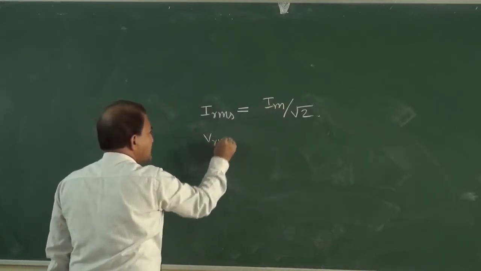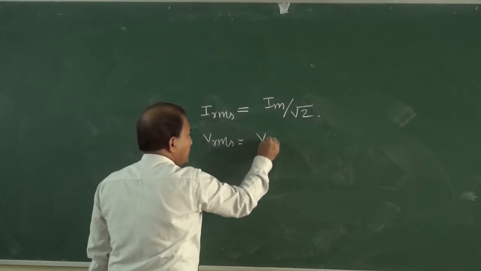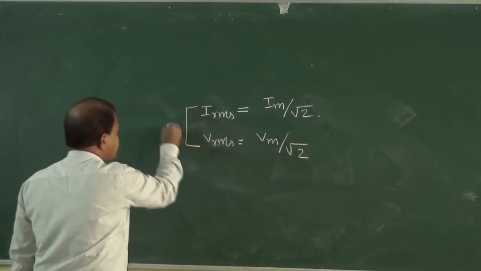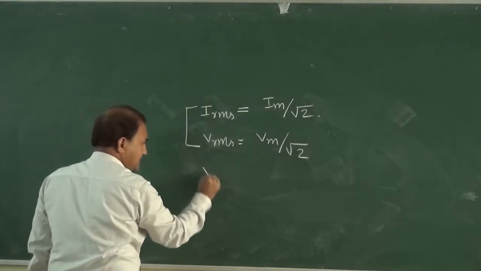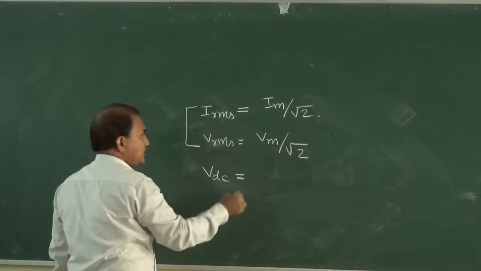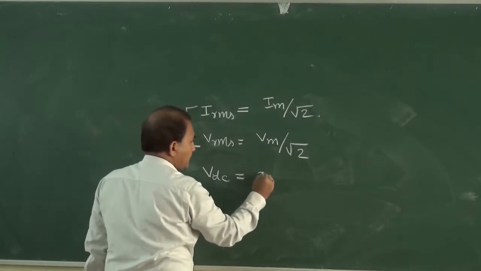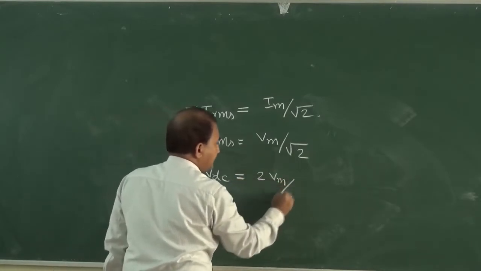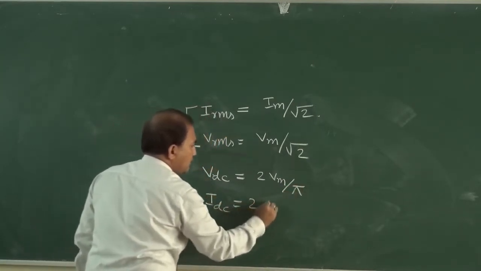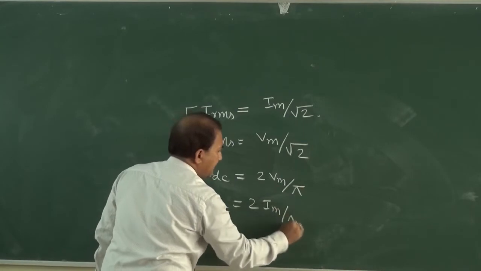Similarly, V RMS is equal to Vm by root 2. This is the first case, and the second case is VDC, which is equal to 2 Vm by pi. IDC is equal to 2 Im by pi.